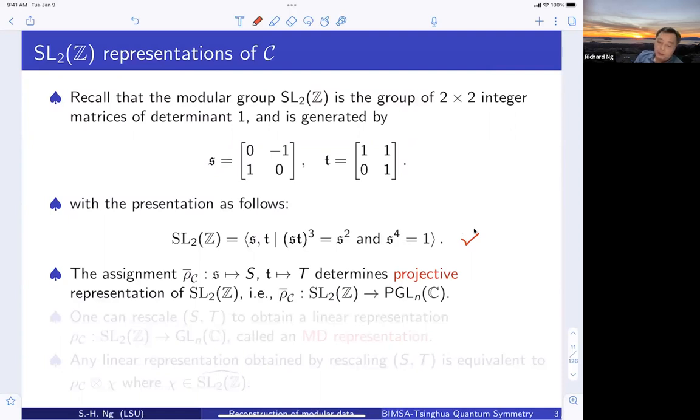That means if you have one representation and you conjugate it by a permutation matrix, we consider them to be the same. In general, you can only say they are equivalent, but in this talk and actually in our paper, we consider two representations that differ by conjugation by a permutation matrix to be the same.